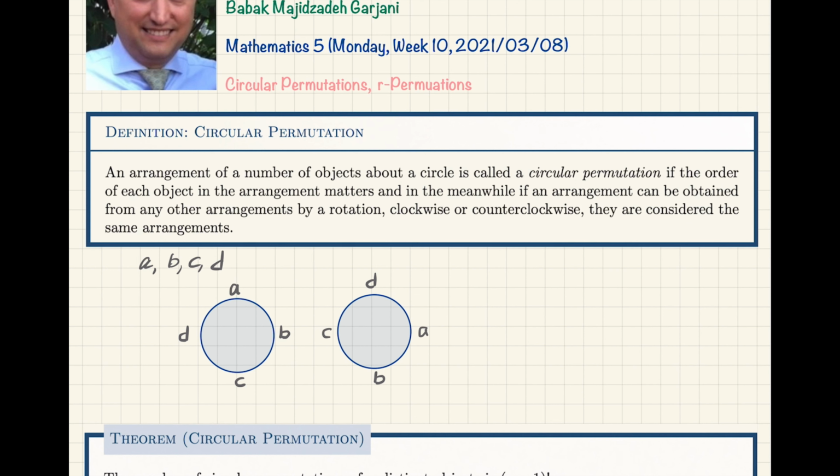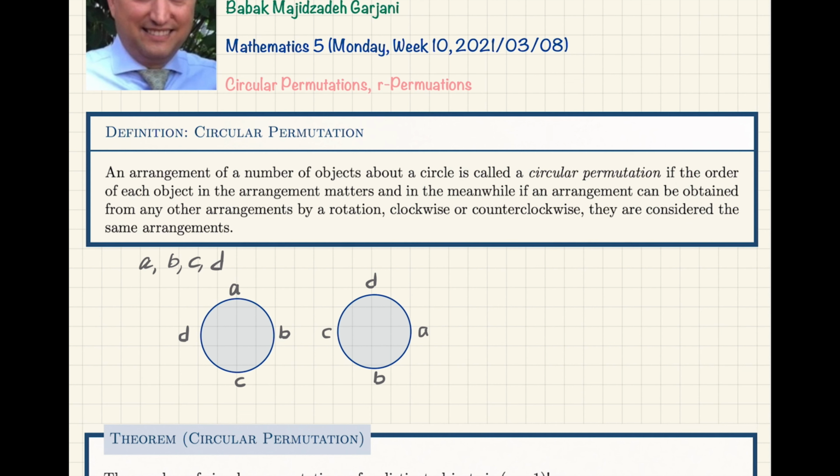You see that B has been replaced by A, C has been replaced by B, D has been replaced by C, and finally A has been replaced by D. In the circular permutation, we want to consider these two the same. Whenever you are facing this kind of problem, where the neighbors of each item are important for you, not only the order, of course order is important, but it is not the only thing that is important.